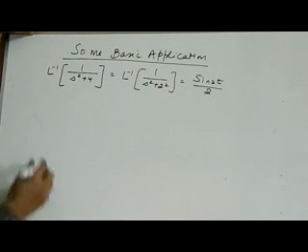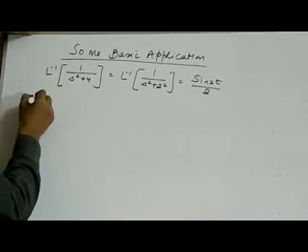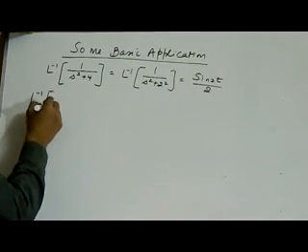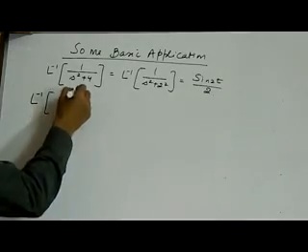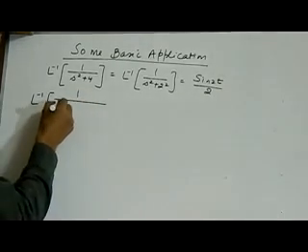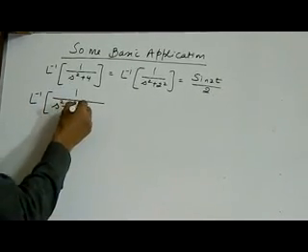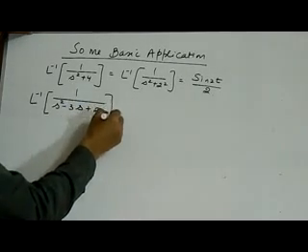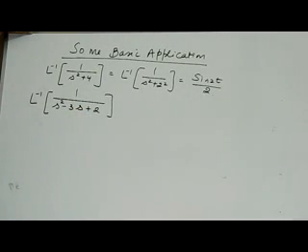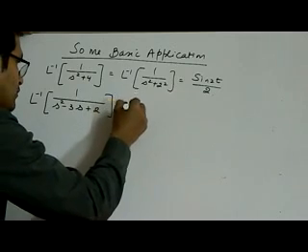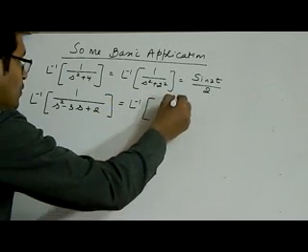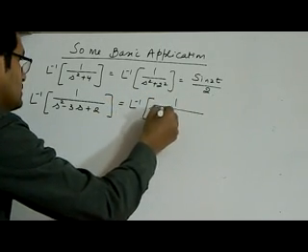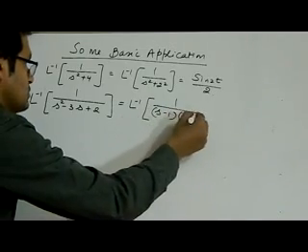If somebody asks you what is the inverse transformation of 1 upon s square minus 3s plus 2, I don't know the exact rule, so what can I do? I can factorize this as 1 upon (s minus 1) into (s minus 2).